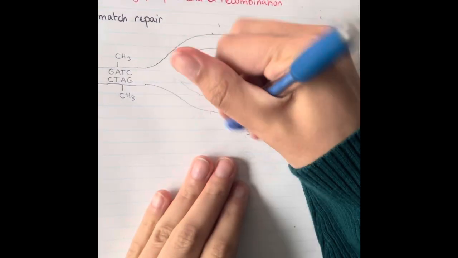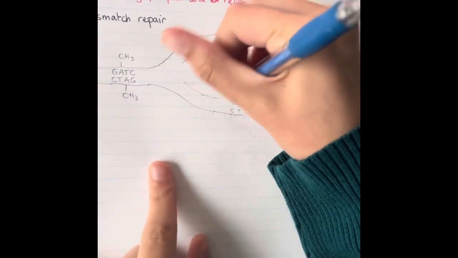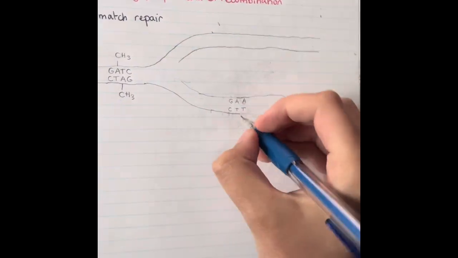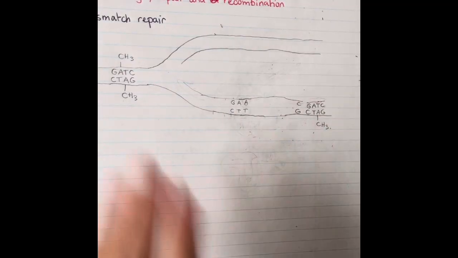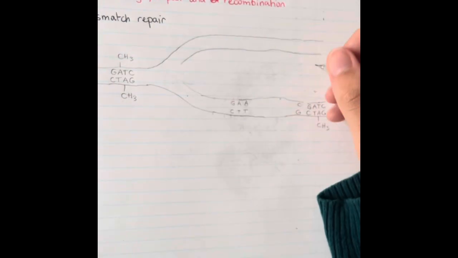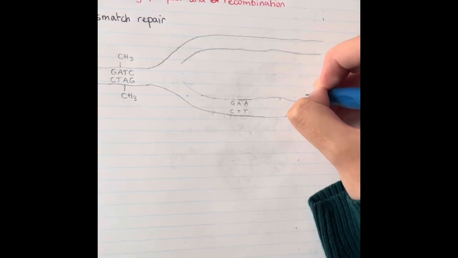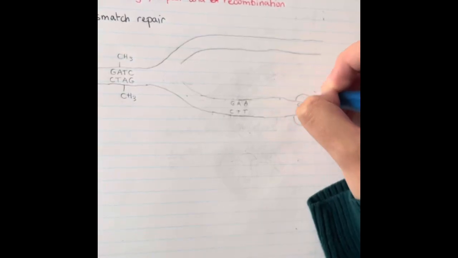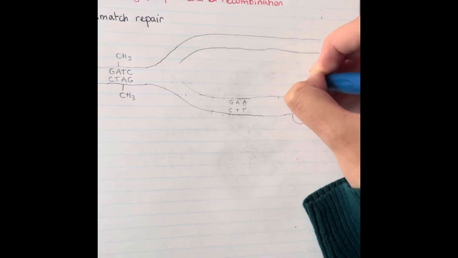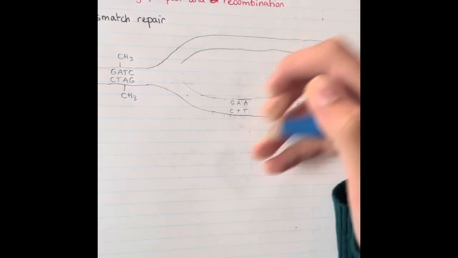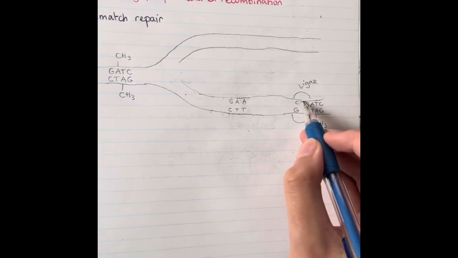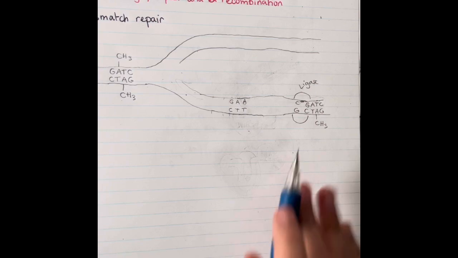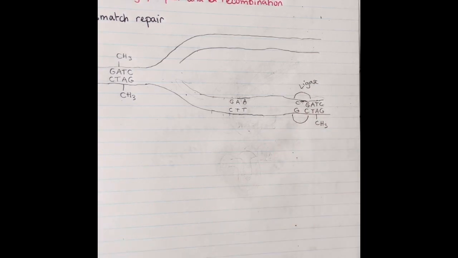So this would be gone, right? Because it would have glided along here and then went away. But you need one last protein, which is a ligase, to come and give these two a phosphodiester bond and make them link properly.